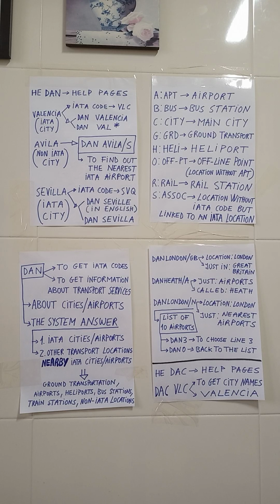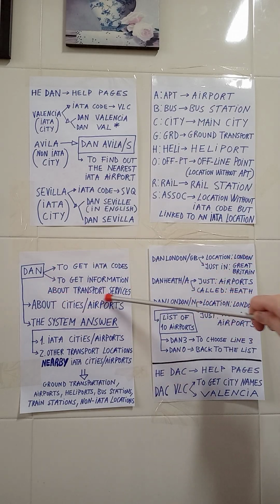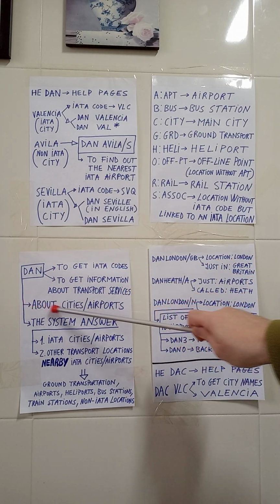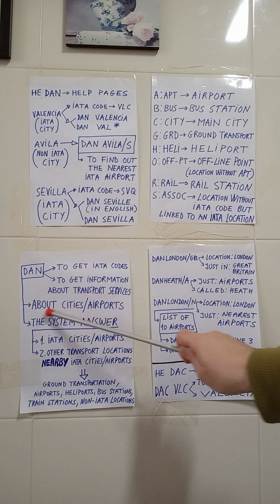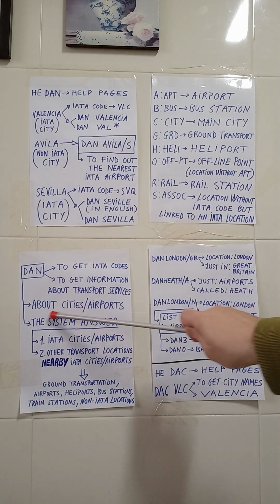Let's go to the second page. We can see the DAN code at the top here. About DAN, I am going to comment on three things. The first thing is here, the second is here, and the third is the rest of the page.